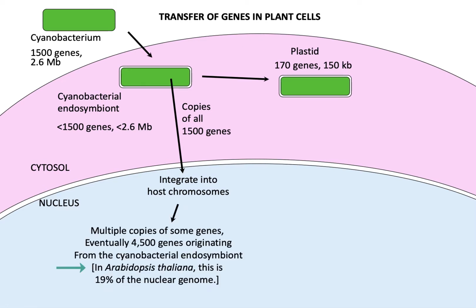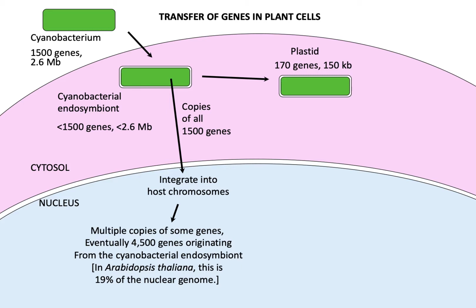When the genome of Arabidopsis thaliana was sequenced, it was found that about 4,500 genes were present in the nuclear genome of Arabidopsis, meaning that an average of 3 copies of each of the genes from cyanobacterium had moved into the nucleus, although it turned out that some genes didn't move into the nucleus at all, and some genes were copied many, many times in the nucleus, so they exist as multiple copies as well as pseudogenes.